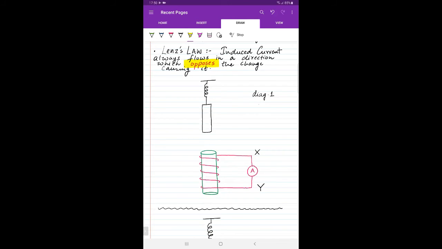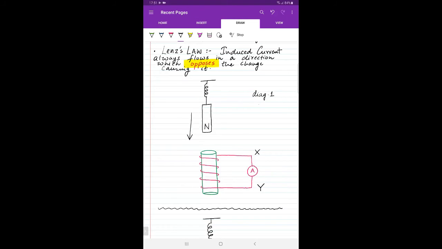So let's see how we can demonstrate this. Let's break down the working into two separate diagrams. So in the first diagram, let's start by assuming that we are trying to push the North Pole inside the solenoid. So, arrow pointing downwards indicating that the magnet is trying to go inside the solenoid.